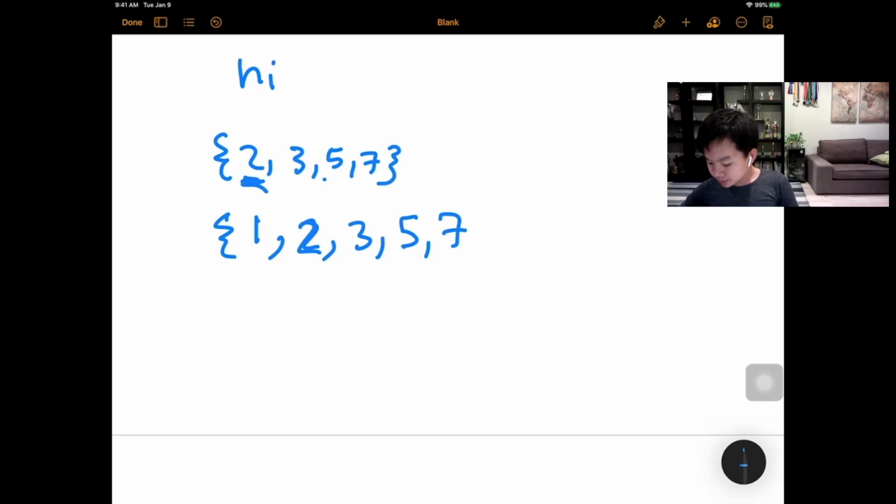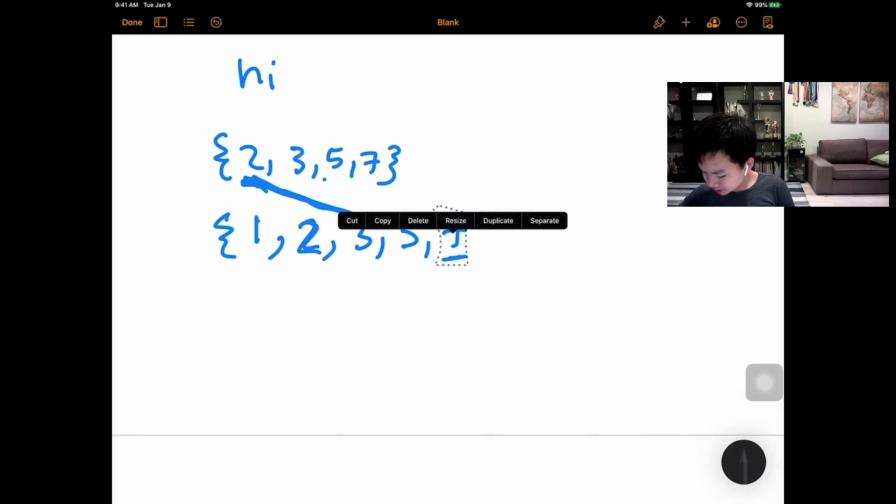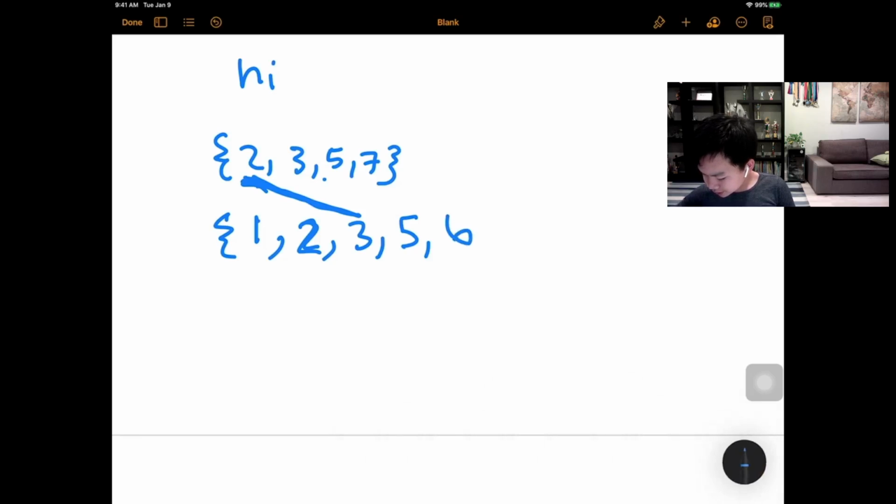When we're looking at 7, maybe our choice would be pairing this with 3, which might be a valid combo. Actually, I made a mistake here, so this should be 6, because that is our best answer here. Notice that this is the pair for 6.